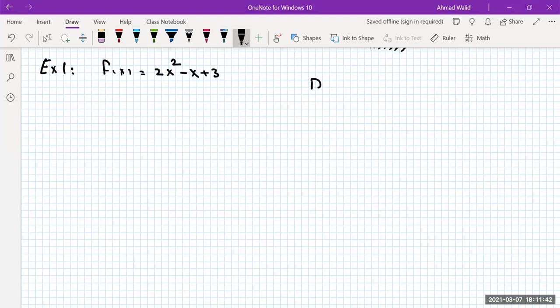Let me bring the formula here. Difference quotient equals f of x plus h minus f of x over h.